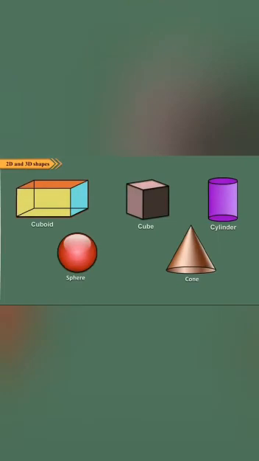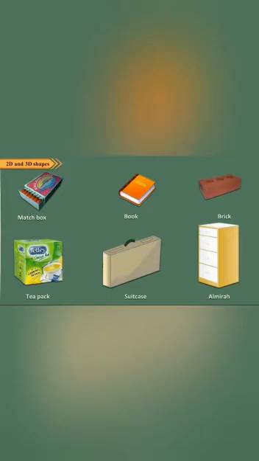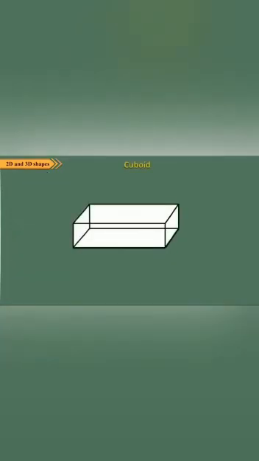Some of the shapes of solids are: look at the shapes of objects shown here. All these objects have the shape of a cuboid. A cuboid has 12 edges.